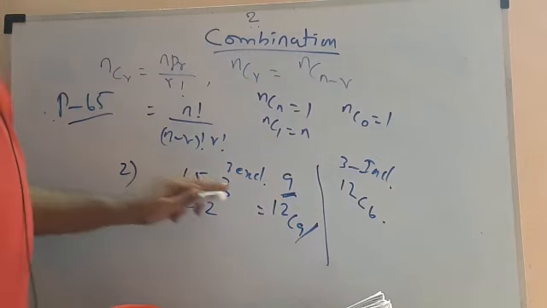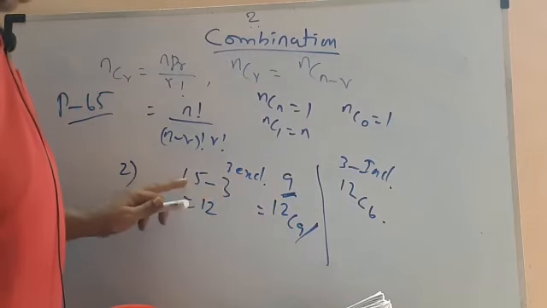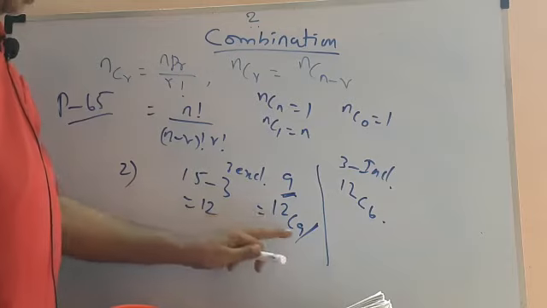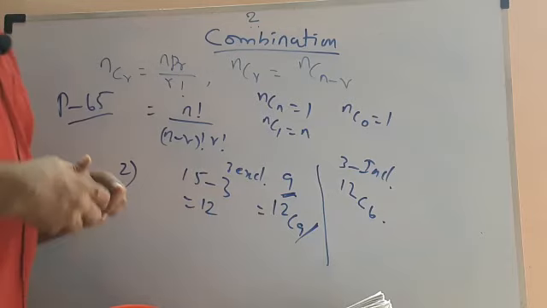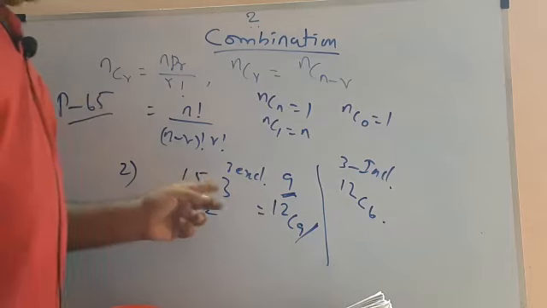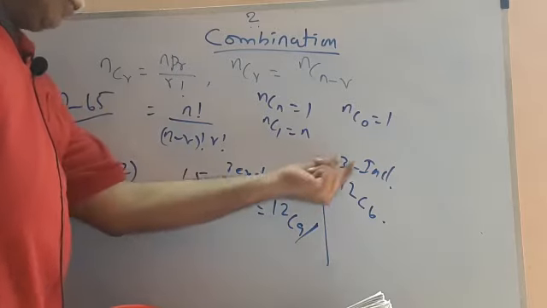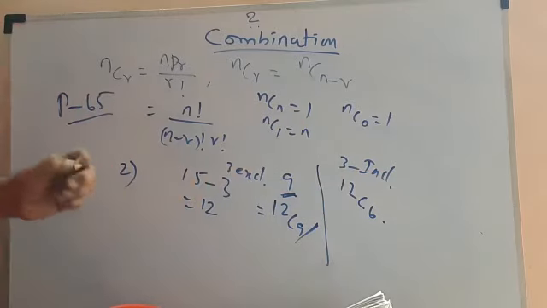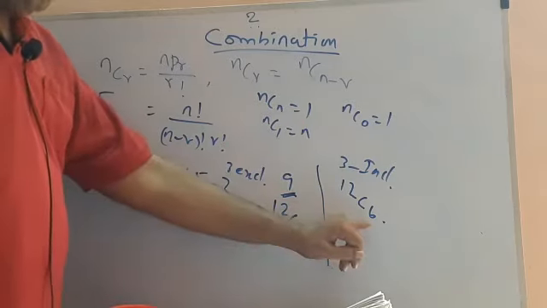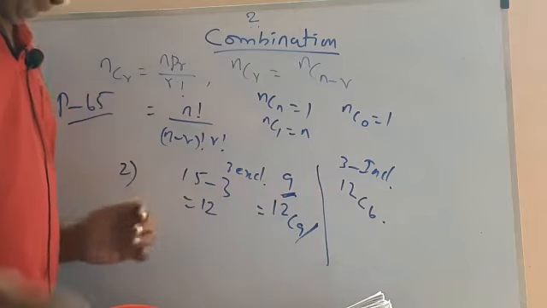If these 3 persons are always to be excluded, 15 minus 3, 12, I have to select 9 persons only from 12 persons. Whereas, if the question is, particular 3 persons are always to be included, then I have to make a selection of remaining 6 from the remaining 12.